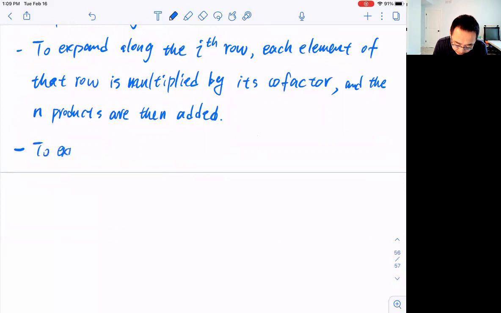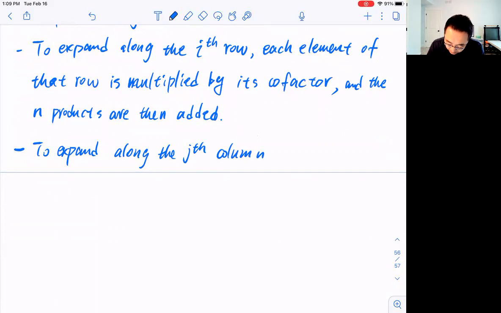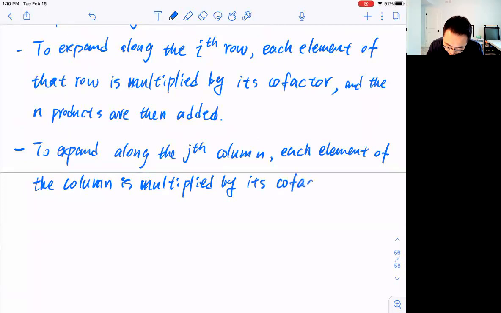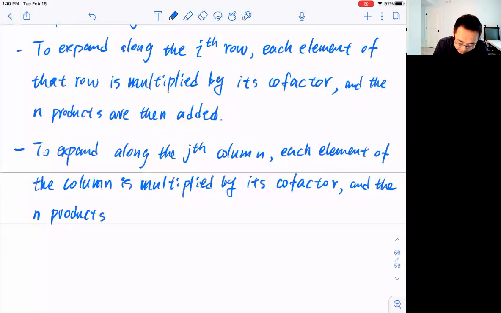To expand along the jth column, again, each element of that column, and there are n of them because it's an n by n matrix, is multiplied by its cofactor, and the n products of elements times cofactors are then added.